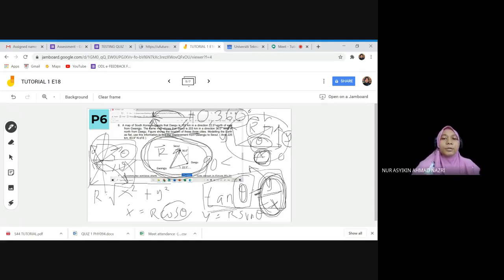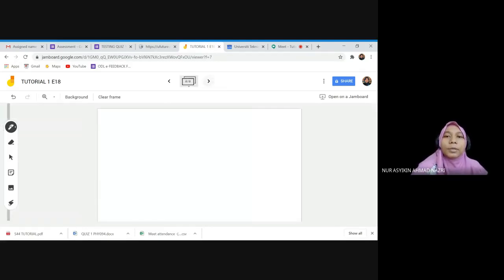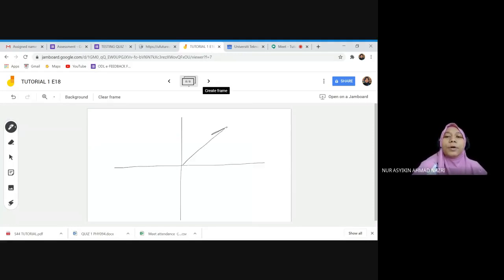So let's say, maksud saya, sekejap, saya tunjuk sini. Okay. So let's say this is your first quadrant. Okay, your second quadrant. Alright, so that's why bila you are in your answer dekat second quadrant where your resolution vector for x dia akan dapat negative tau.